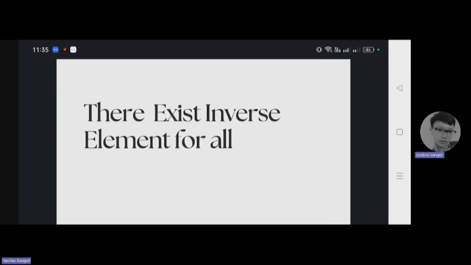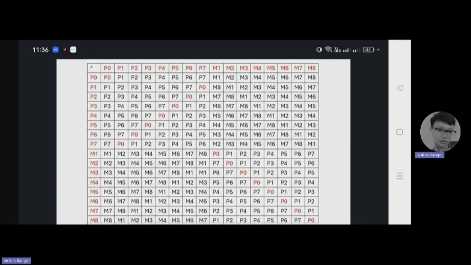Next, we will check if there exists an inverse element for all. So you all know that when we are checking for inverse, we will look for an element that, if we operate them with one another, the resulting element will be the identity element. So to make it easier, we will just look at the table for the identity element.